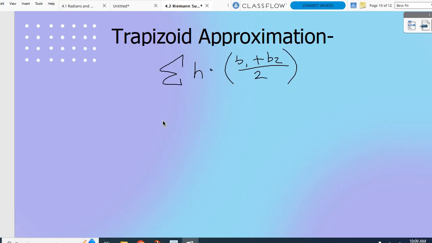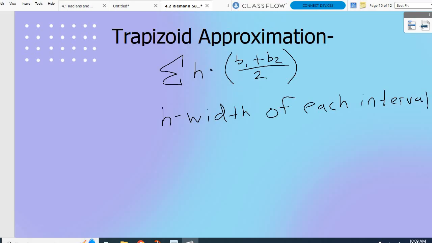So this time your height is still going to be the width of each interval. Your base 1 is going to be the y value for the left endpoint of the interval.